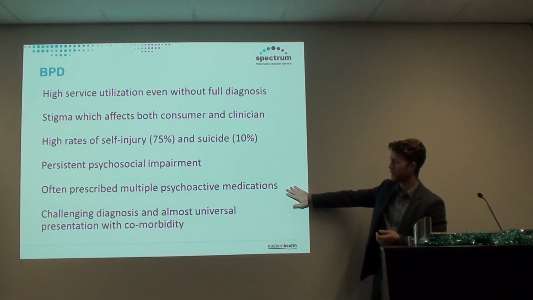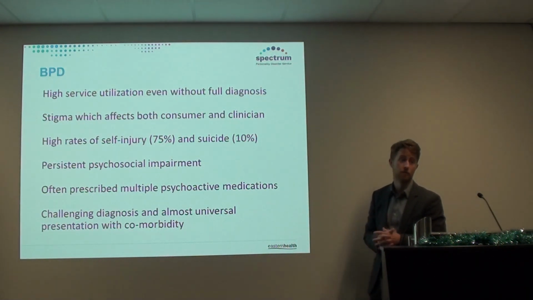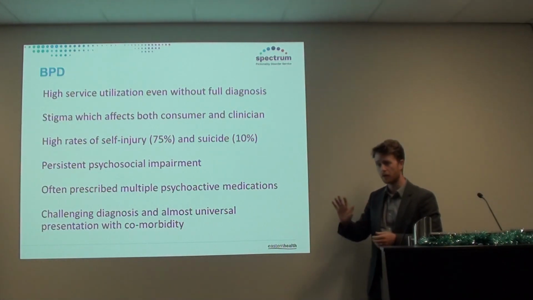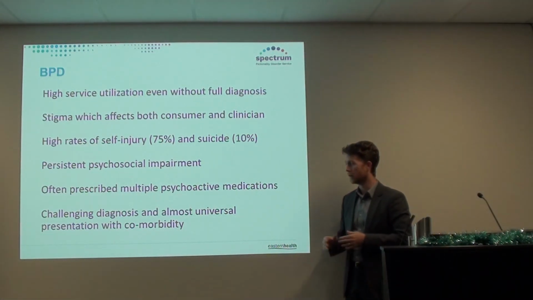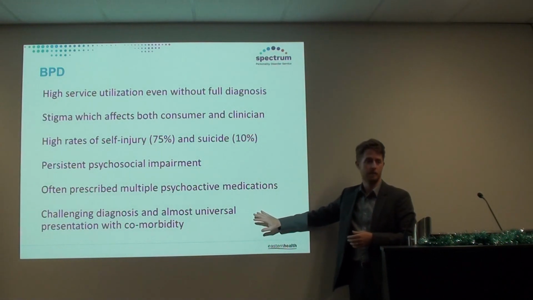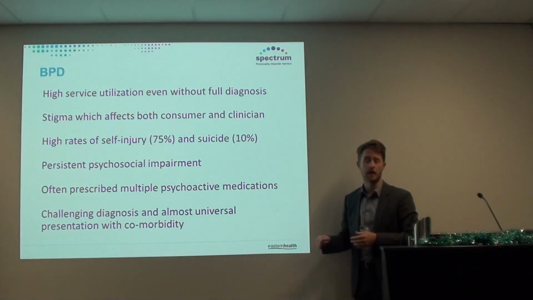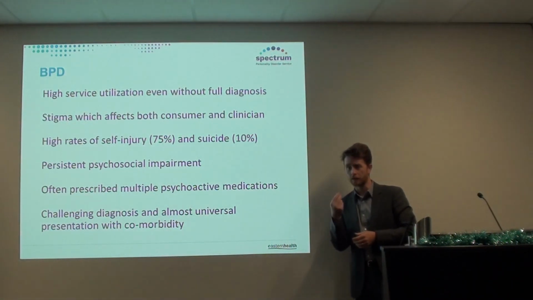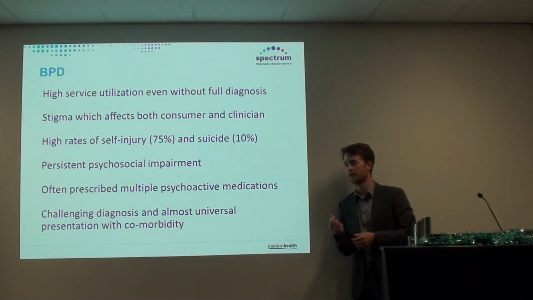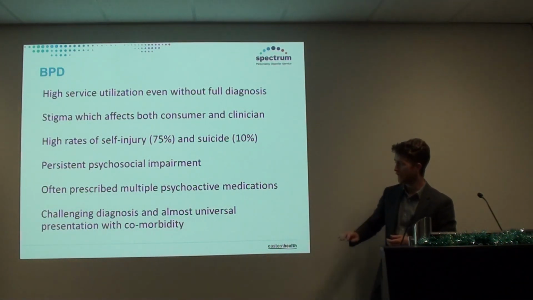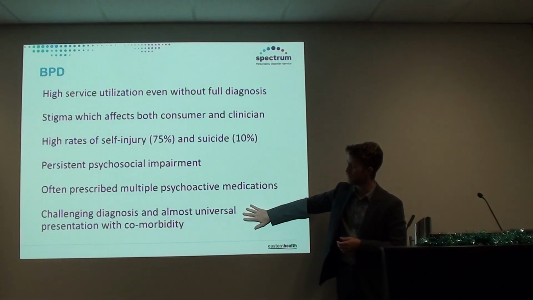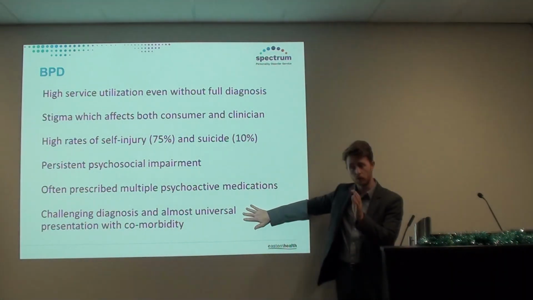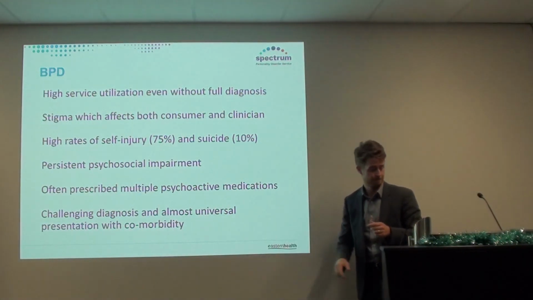And we see quite often with people presenting that they're diagnosed and given multiple medications across different psychoactive classes. A big part of that, I think, is the challenge in making the diagnosis and weeding it out from the other comorbid diagnoses that can be in the picture. And this is the issue that prompted the service here to do the little study that I've done.